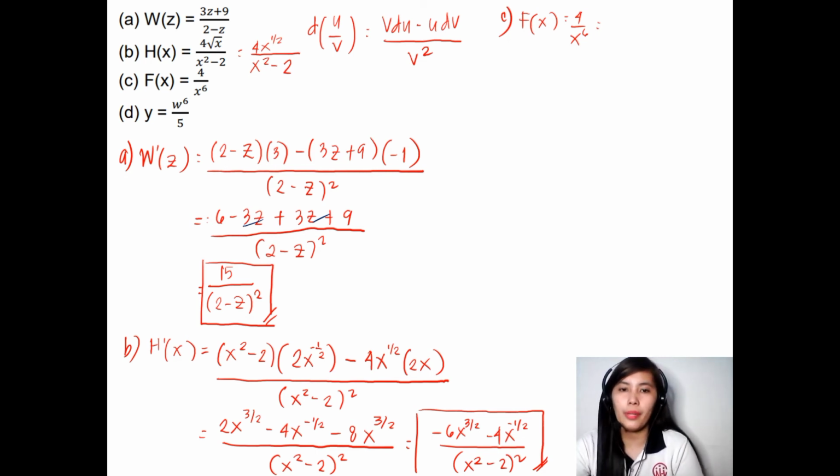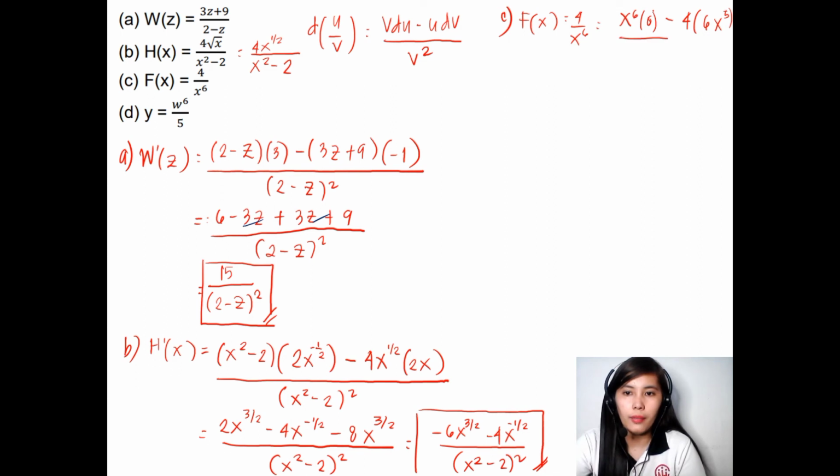We will apply v du minus u dv. So our v is x raised to 6. Our derivative of the numerator is 0 because it is constant. Minus u dv, so 4 times the derivative of the denominator, which is 6x raised to 5.